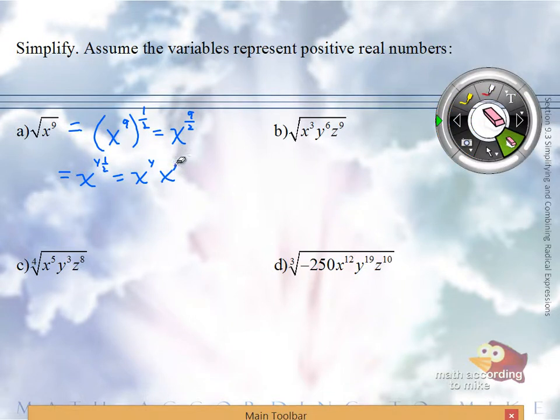Let me erase that, it's getting sloppy up there. 4 1/2 is the same thing as 4 plus 1/2.